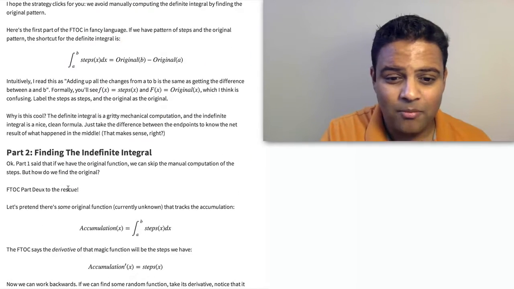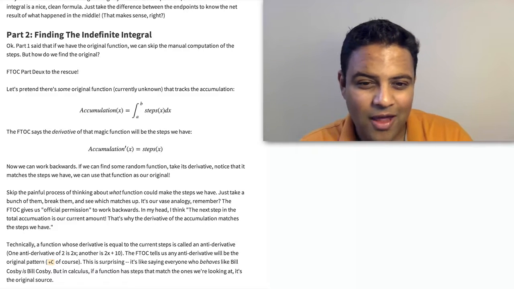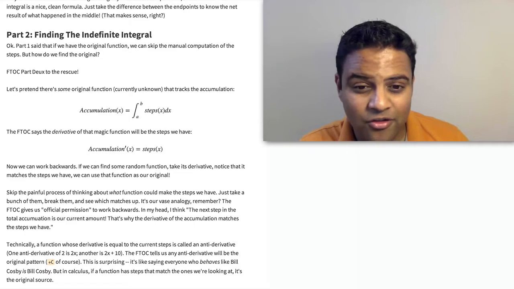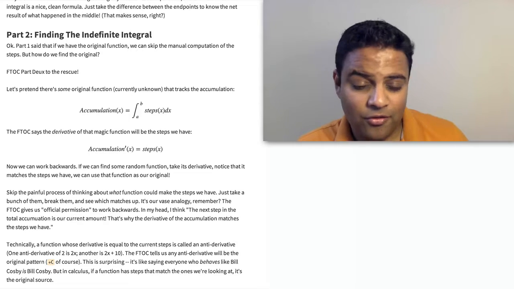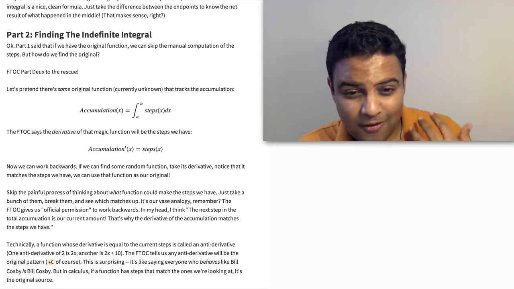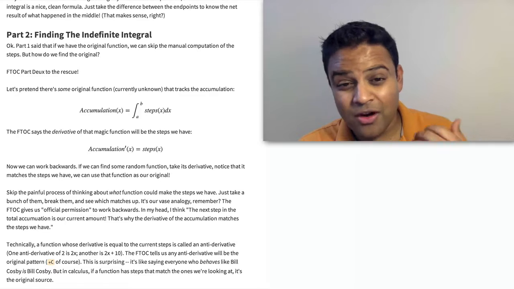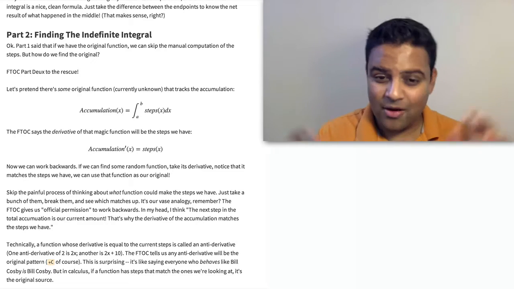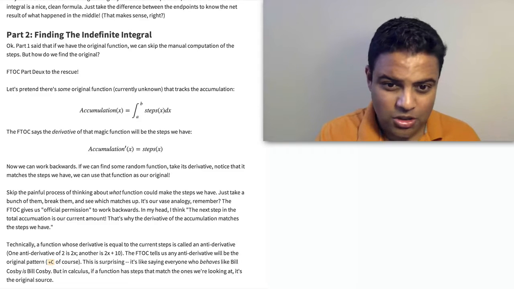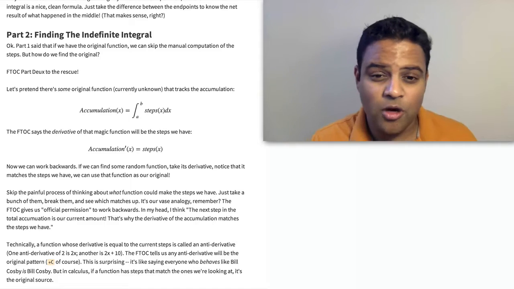Now the next insight about the fundamental theorem of calculus, and it's more of a mechanical insight, is that if we have a series of steps and we want to find out what function made them, we can use our vase analogy. So remember, we had our antiques dealer. What he would do is he would take vases in the back room and break them and look at the shards and try to match up the shards that he had broken with the shards that you brought in.